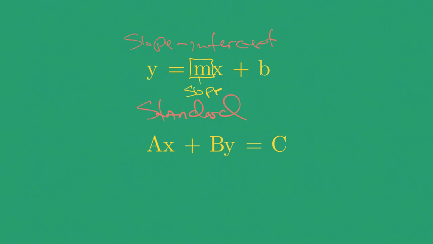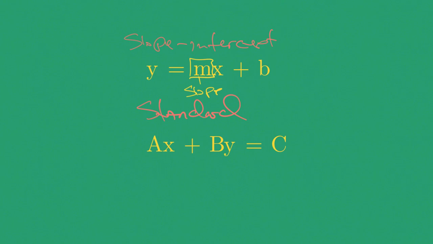What's right next to the m? X. Guys, you need to associate those two things together. The slope and the x come together. They are paired up together. Whatever number is setting in front of your x, that is your slope. Make that association. The m and the x are together.